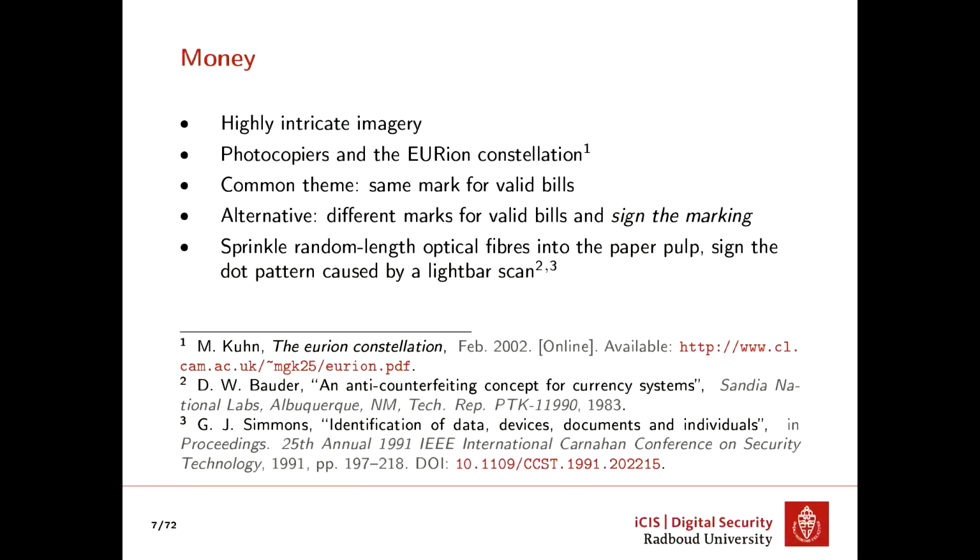So back in 1983, Bauder proposed an anti-counterfeiting measure, which basically meant you sprinkle random length cuts of optical fibers into your paper before it becomes paper, the mull, and then you make the money and you use basically a light bar scan, whatever a photocopier does as well, and then there will be a dot pattern that appears around the light bar.